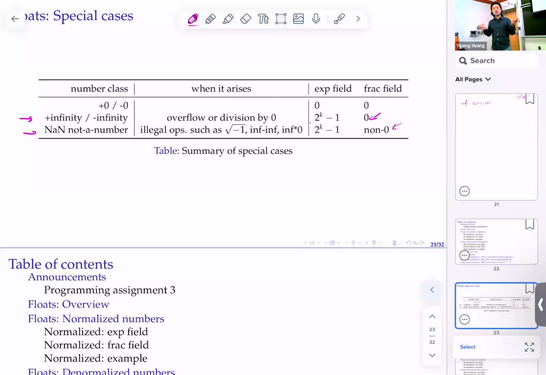Say you perform an operation of 0 divided by 0. What should 0 divided by 0 be? There's no sensible answer to that. So it will give you a number that indicates not a number.